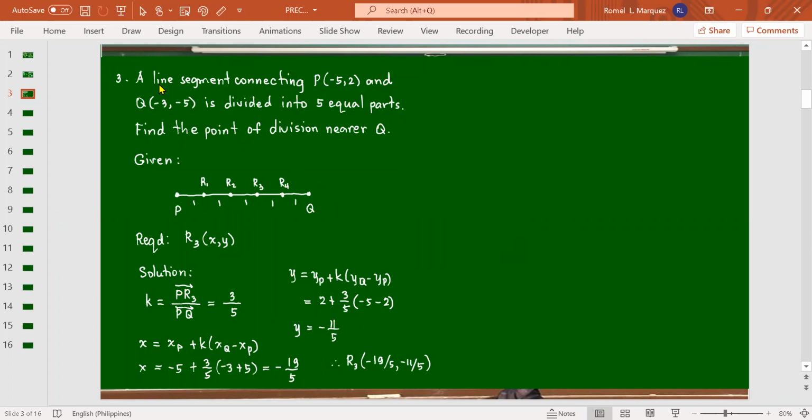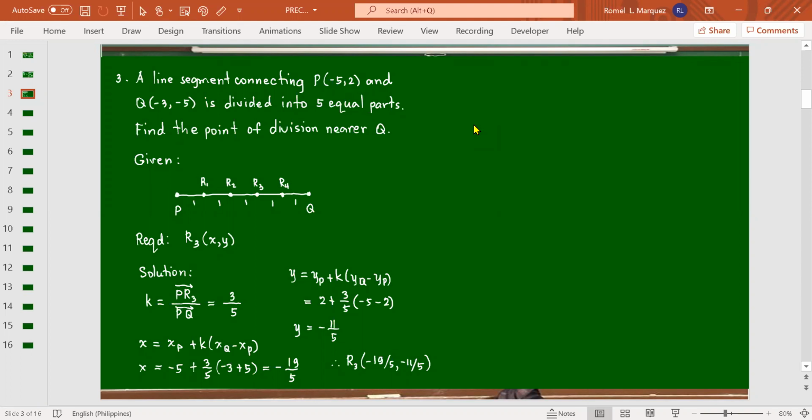So let's now move to another concept in analytic geometry. Sometimes we find it necessary to determine the direction of a line relative to the coordinate axis. No?